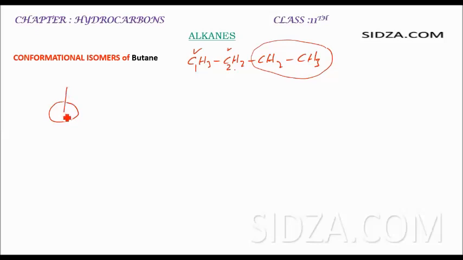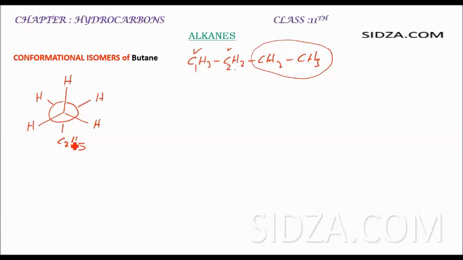In normal butane also, we have a system like this now: hydrogen, hydrogen, hydrogen. This is the front carbon, the back carbon has two hydrogen atoms and a C2H5 group, right? Like in propane we had methyl, now we have an ethyl group.